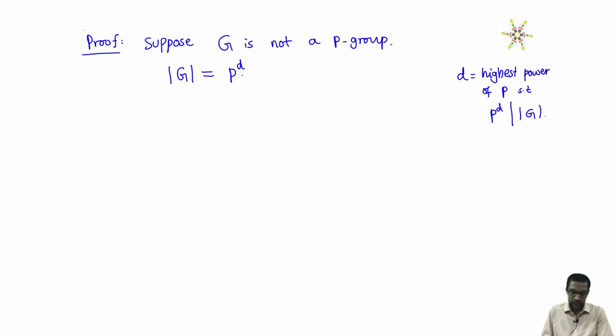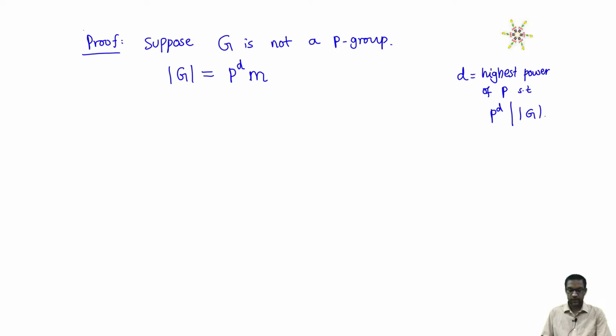And of course if I write out the prime factorization of the cardinality of G, in addition to P to the D, I will start seeing a bunch of powers of other primes, not P itself but other primes. So let me not write out the entire prime factorization.